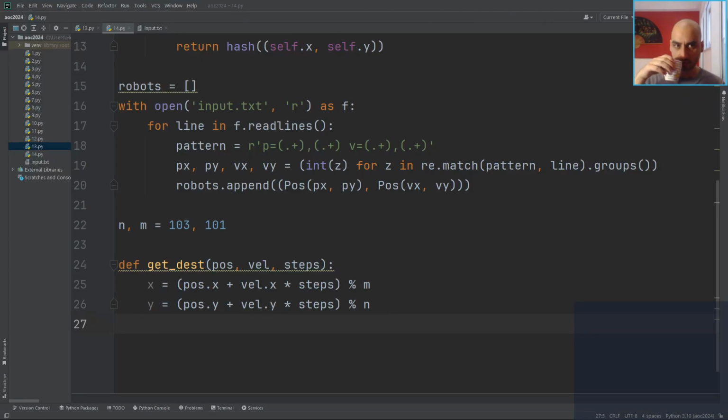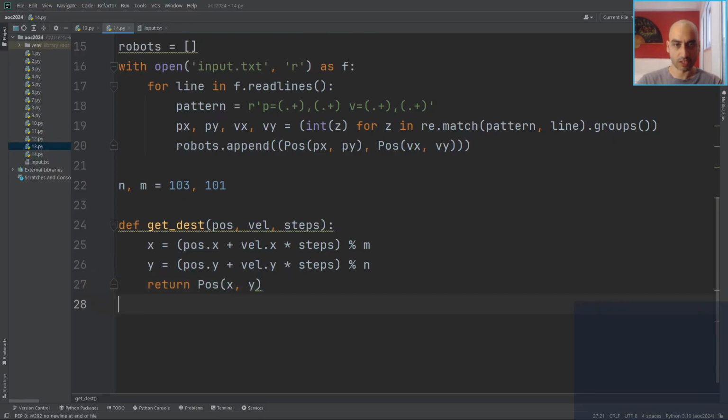So the only relevant robots are... okay, here we return the destination.